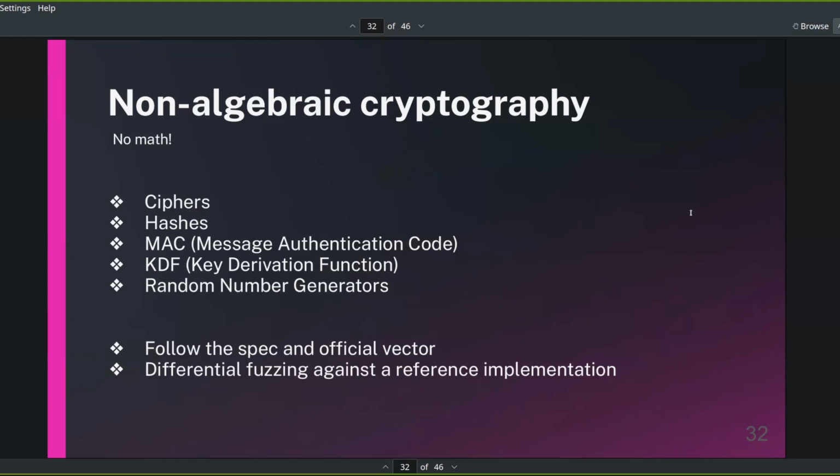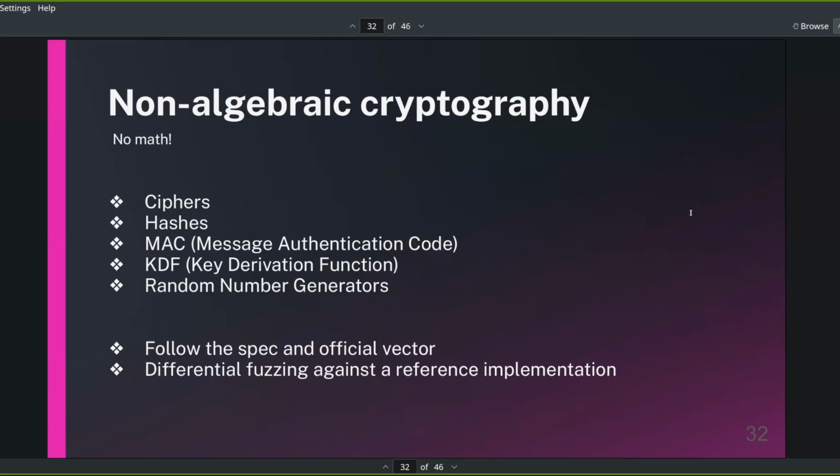When I say no math, it's for the implementers, because some ciphers or message authentication code, so for example, AES, uses binary arithmetic. But you actually don't care about this because they detail all the operations and you can just see this as a black box.